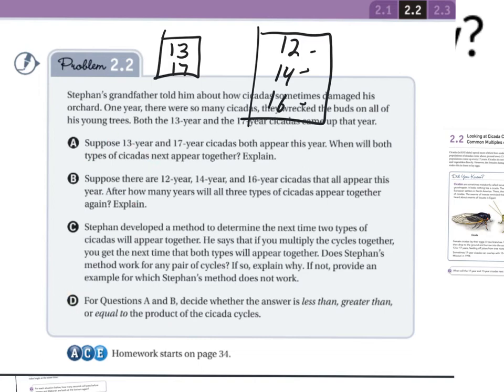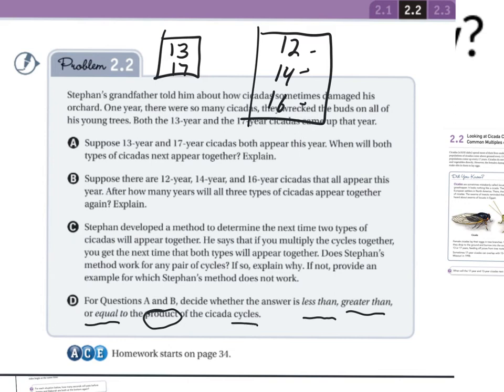And the last one, D. For questions A and B, decide whether the answer is less than, greater than, or equal to the product of the cicada cycles.